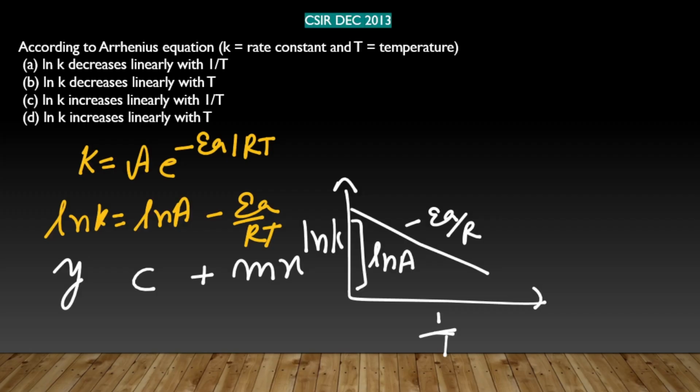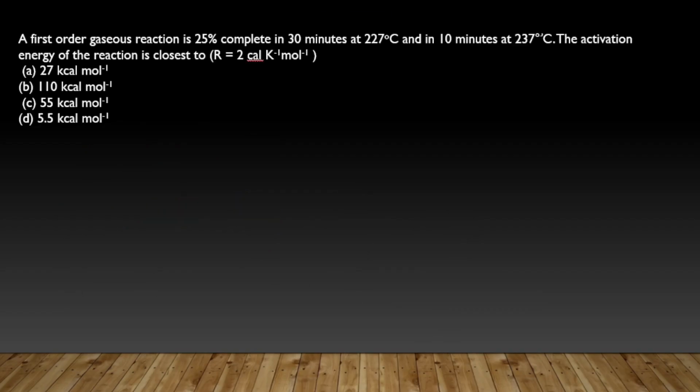So we can say that ln k decreases linearly with 1 by T. That is given in option A.